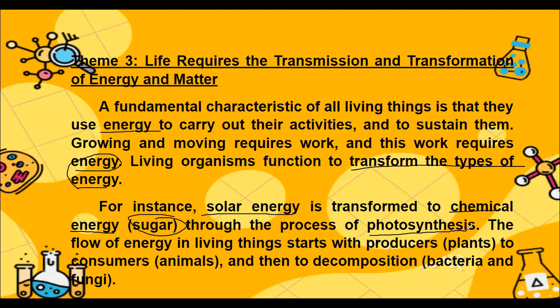And the flow of energy in living things starts with producers. So producers are the plants to consumers. And consumers are the animals and the humans. Ayan. And then to decomposition. So pag decomposition, nabubulok na. So we have the bacteria and the fungi.